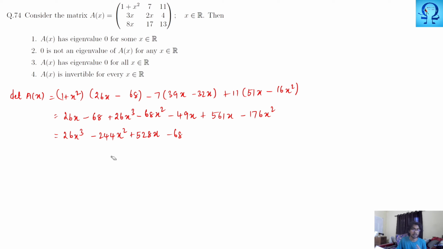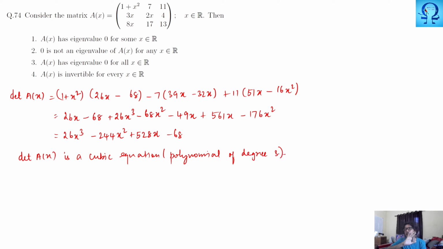This is the determinant. Basically, determinant of A of x is a cubic equation. So what do we mean by a cubic equation? A polynomial of degree 3.